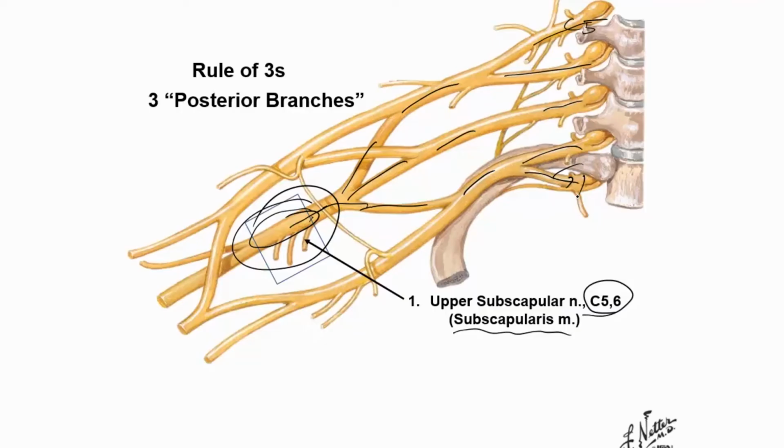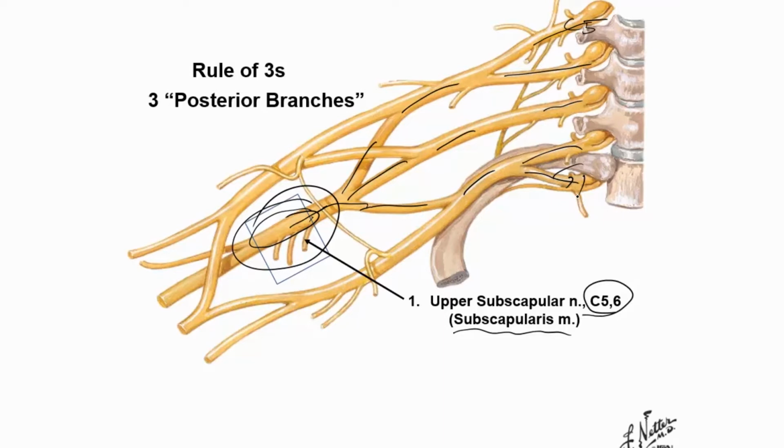Even though all of those spinal segments are in the posterior chord, each of the nerves that peel off from it don't necessarily contain all of the spinal segments. So most of the branches of the brachial plexus are predictable based on where they come off the brachial plexus. These three off the posterior chord are not necessarily predictable, and they have to be learned differentially.